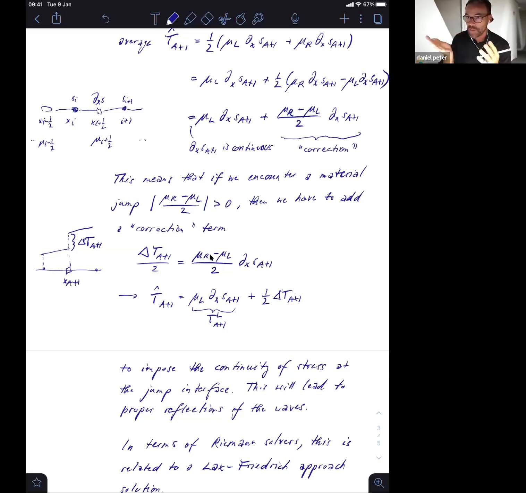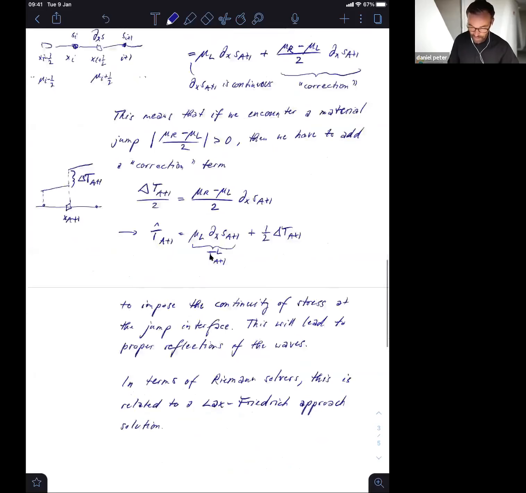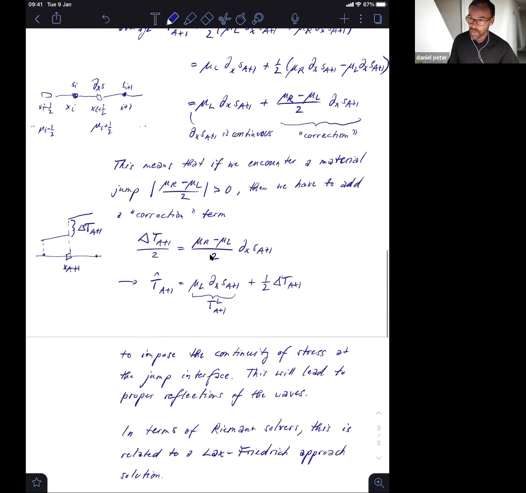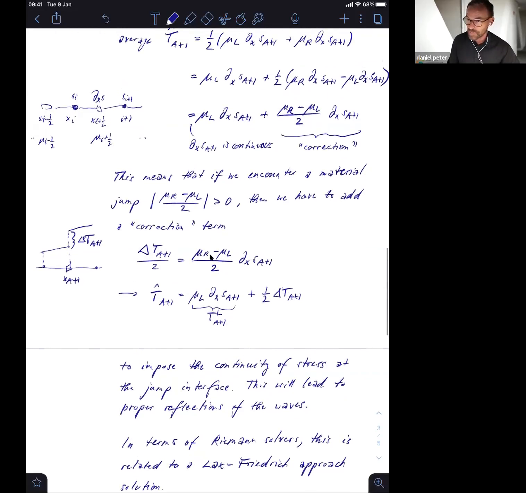Well, probably the most simple approach is you just take the average of that. So you take the shear moduli that comes from the material from the left side, the one from the right side, you take the average of these two. And that would lead to exactly this correction that we apply here. It's going to be exactly the same then.